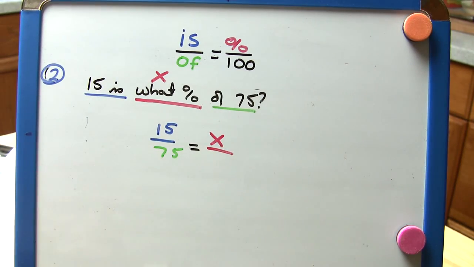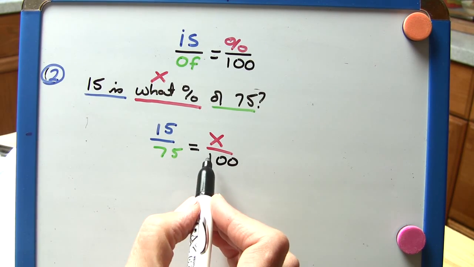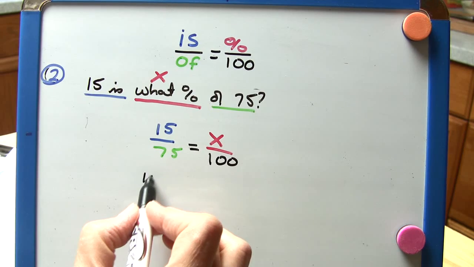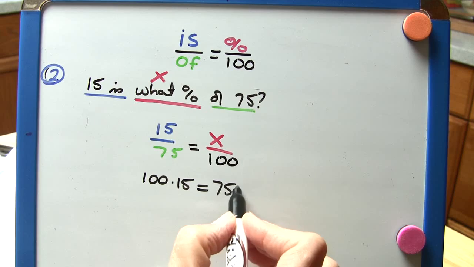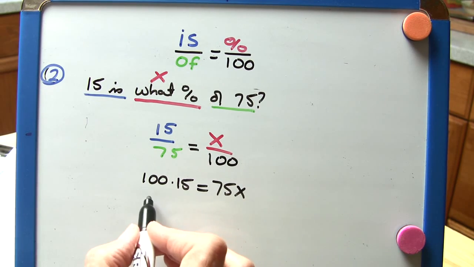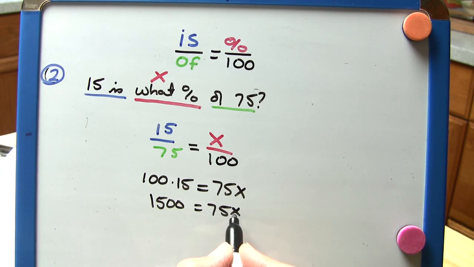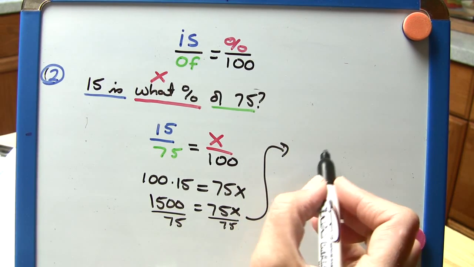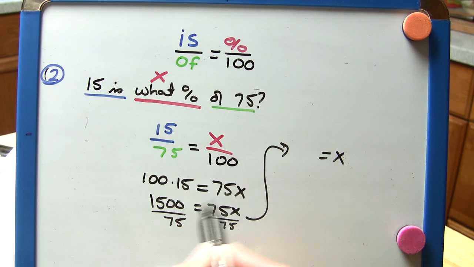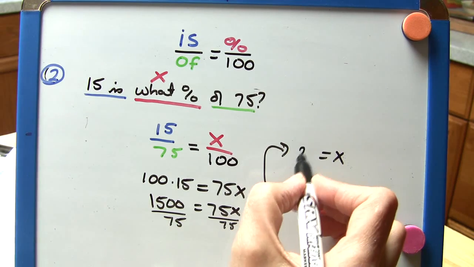x over 100. Doing some cross multiplying here, we go 100 times 15, and that's going to equal 75x. Well, 100 times 15 is 1,500. We want to get this x by itself, so we're going to divide by 75. We get x equals 1,500 divided by 75, which is 20.